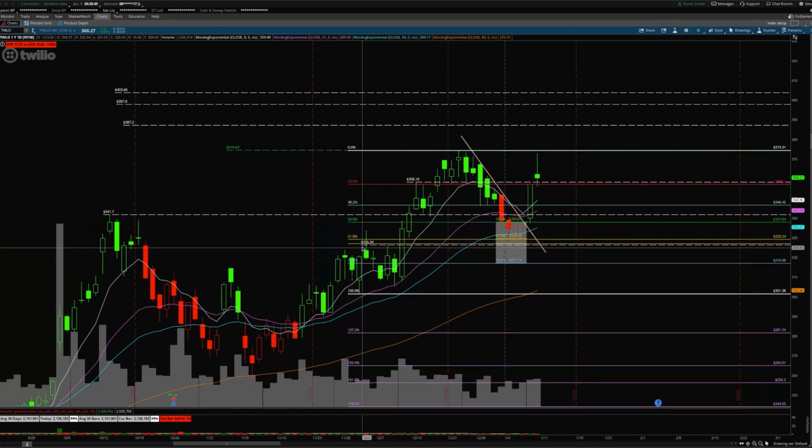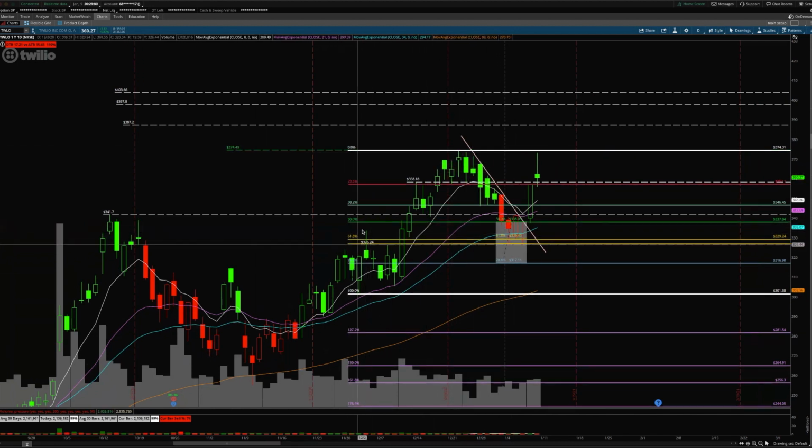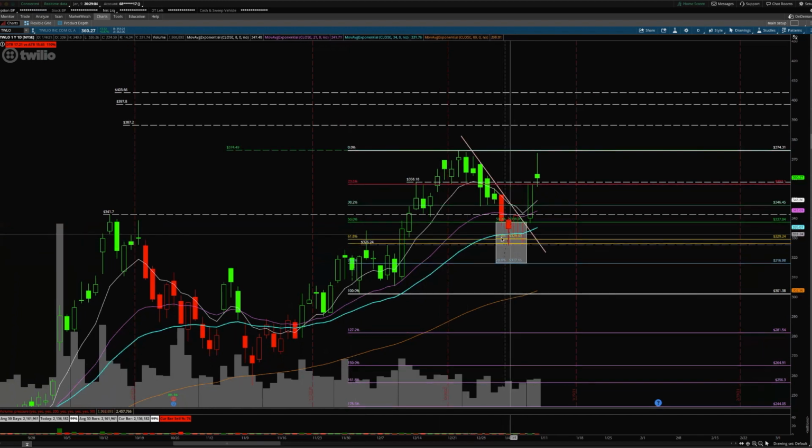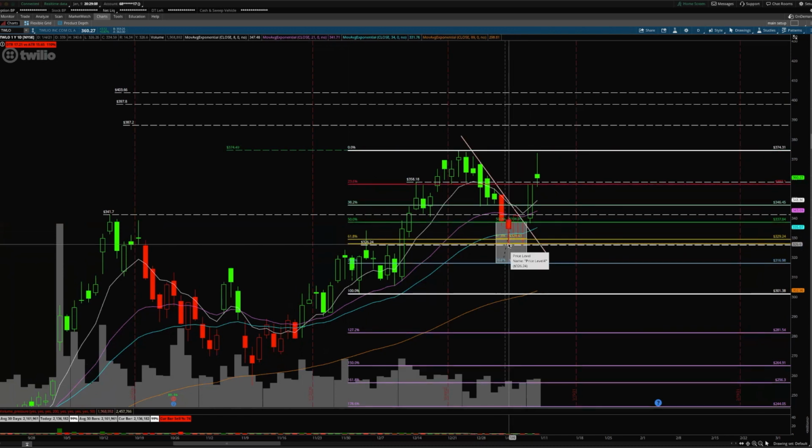So the golden pocket basically shows a level where, on a retracement from an impulse low to high, we come back down and retrace. This golden pocket area from 61.8 to 65% is a decent area where, if we can bounce from this point, we can potentially see a great buying opportunity with price shooting back upwards.